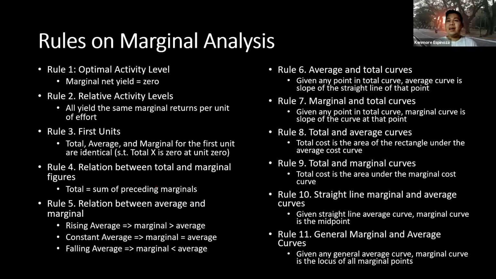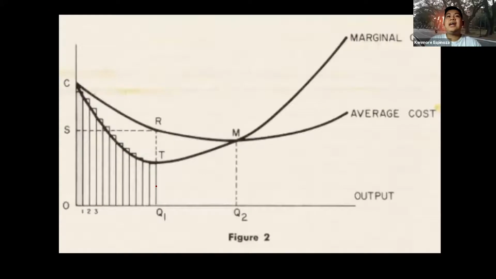If you have a falling average, then that means your marginal is less than your average. Mas makikita mo to sa cost at this point. When your average is rising, your marginal is greater than your average. When your average is decreasing, your marginal is less than your average.